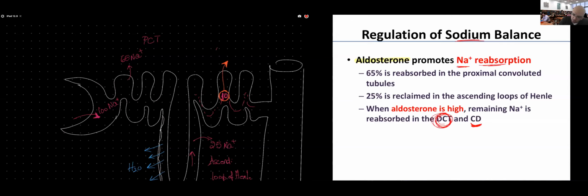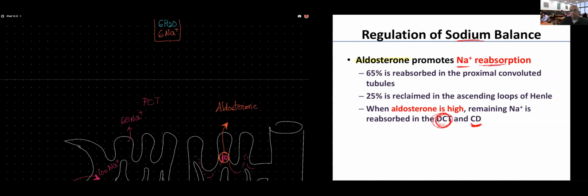And who will do this for you is the aldosterone. You remember where I released the aldosterone from? You remember from last class? It's released from the adrenal cortex. And remember, what triggered the release of the aldosterone from the adrenal cortex was angiotensin II.